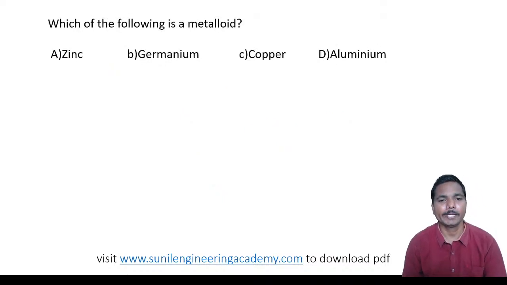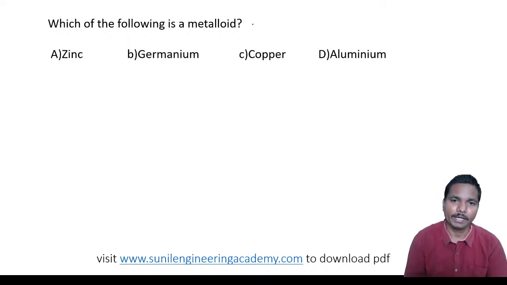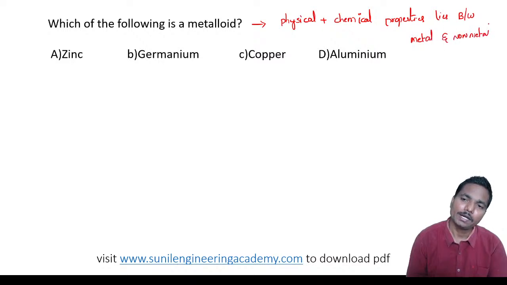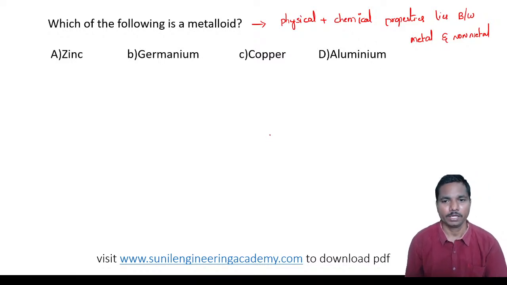Which of the following is a metalloid? Very easy question. What is meant by metalloid? Elements whose physical and chemical properties lie between metal and non-metal are nothing but metalloids.